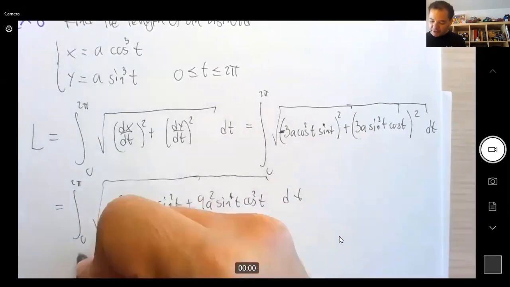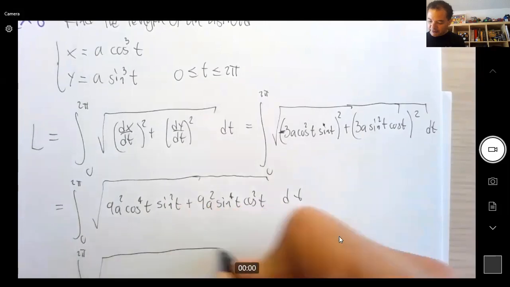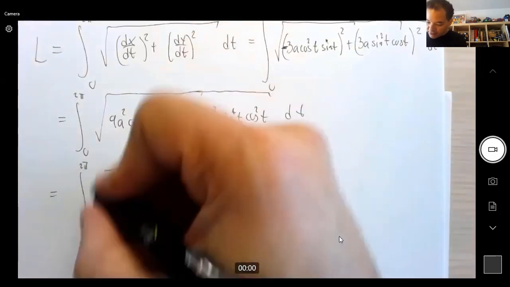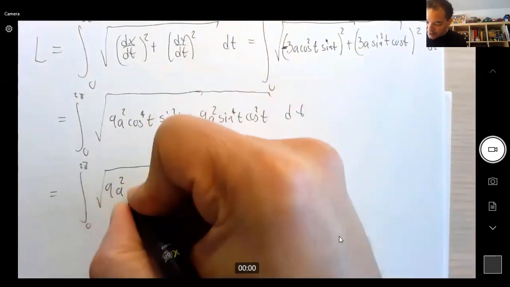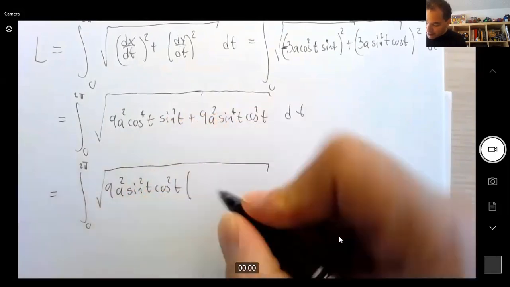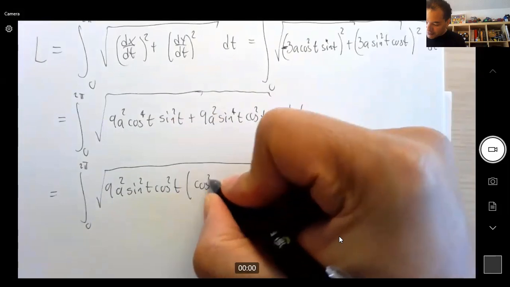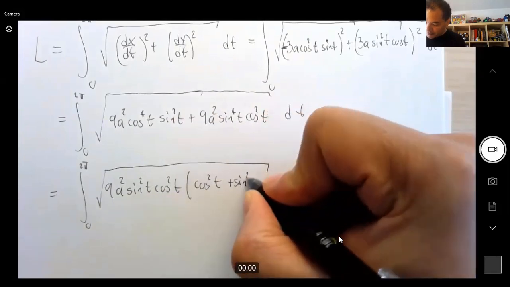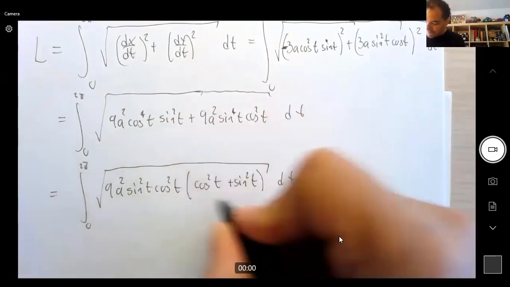And we can factor a bunch of things here. Let's do it. We can factor out a 9, an a squared, a sine squared, and a cosine squared. And the stuff that remains is cosine squared plus sine squared, which is 1.